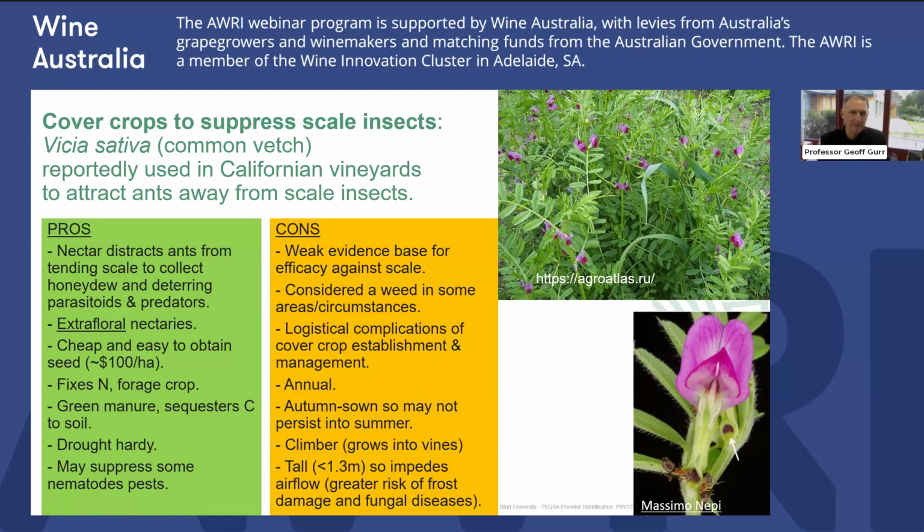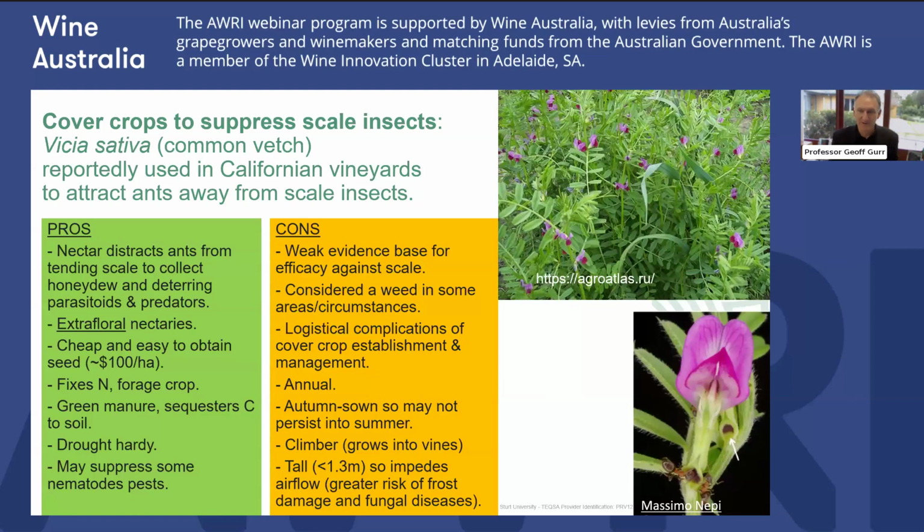Reportedly, it's used in Californian vineyards as a way to attract the ants away from the scale insects on the vines. And it does that because it produces lots of nectar, not only from the flowers themselves, but also, like many legumes, it has these structures here called extrafloral nectaries, which produce nectar.